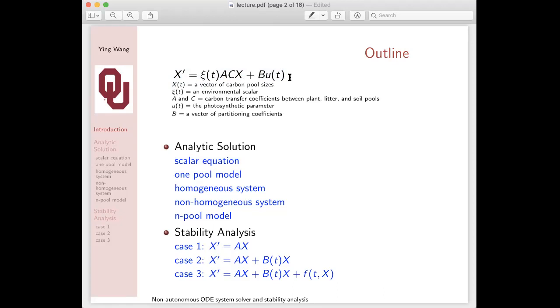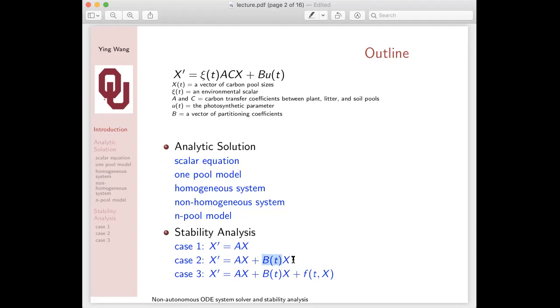And for the stability analysis, we're going to study three cases. First case is x prime is equal to A times x, which is a homogeneous system with a constant coefficient matrix A. Second case is x prime is equal to A times x plus B times x. Here B is a function explicitly dependent on t.